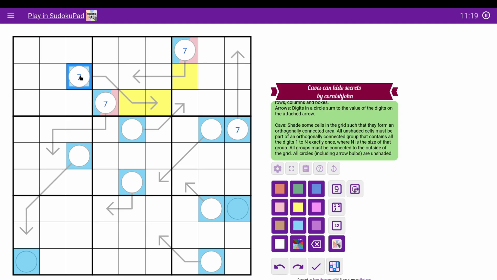Specifically, if 2 cyan cells are diagonally connected to each other, they must be part of the same chunk. So these are all one chunk. If this were unshaded, it'd be part of the same chunk as this, which is impossible. So we have our first guaranteed unshaded cell.